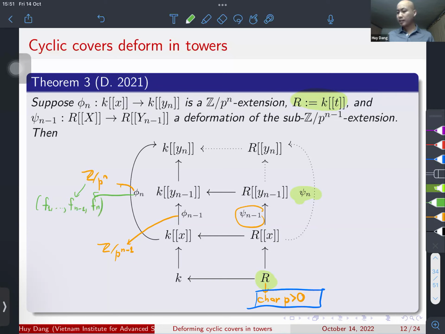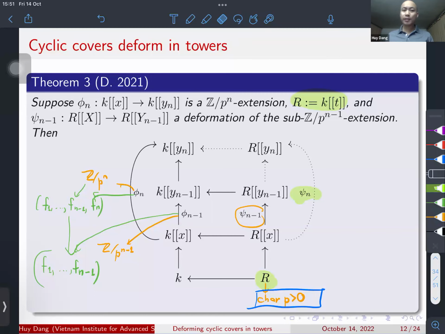And similarly, phi n minus 1 here is just the first n minus 1 components. And so on.